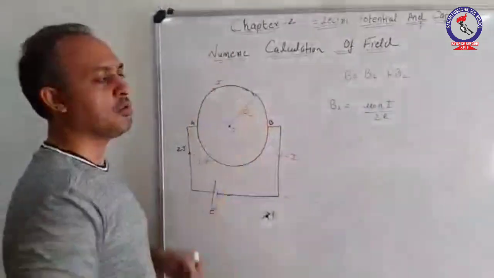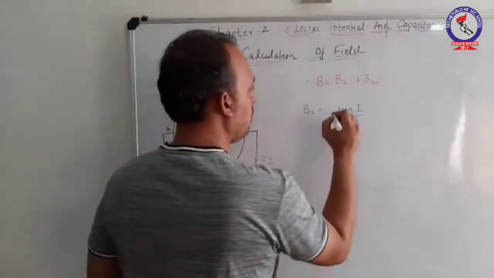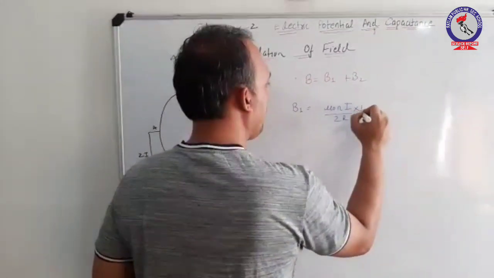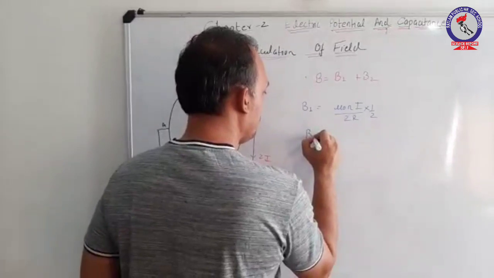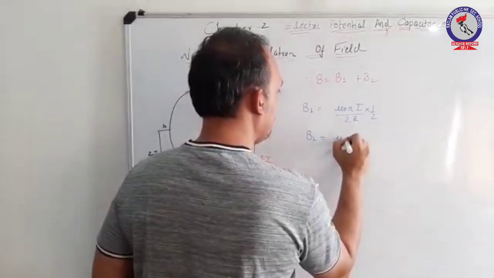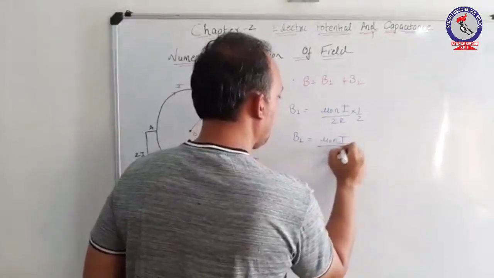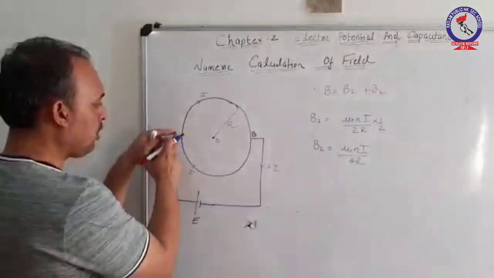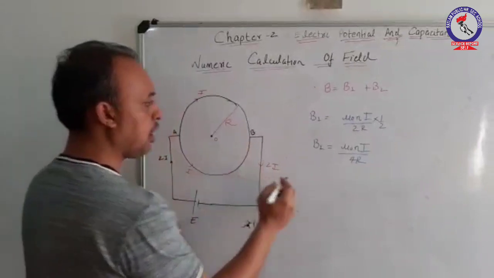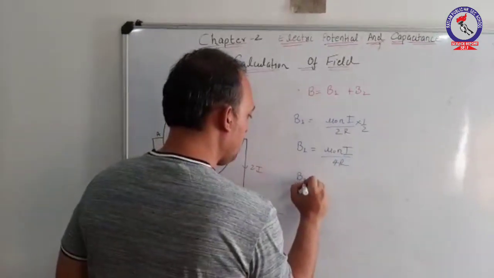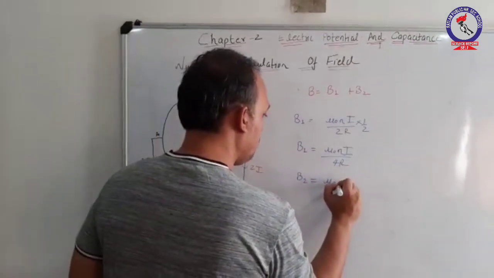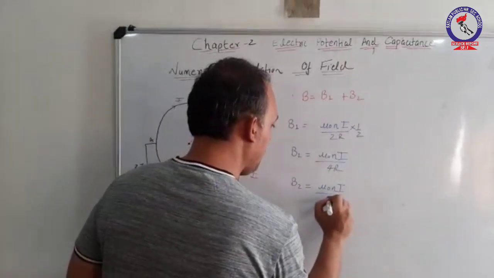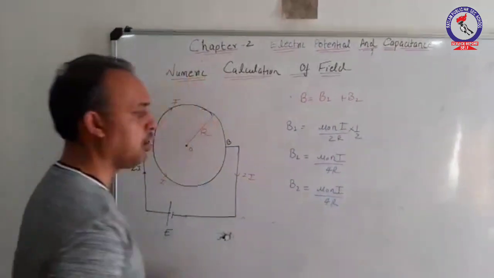You have a semicircular coil, therefore I'll multiply by a factor of 1 by 2, which comes out to be mu naught Ni by 4R. Similarly, calculating the magnetic field due to the lower half gives a value of mu naught Ni by 4R.